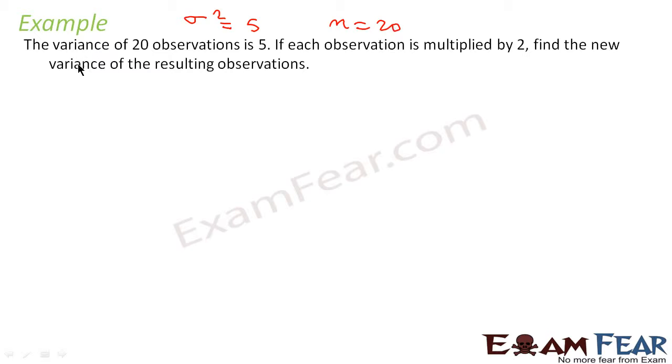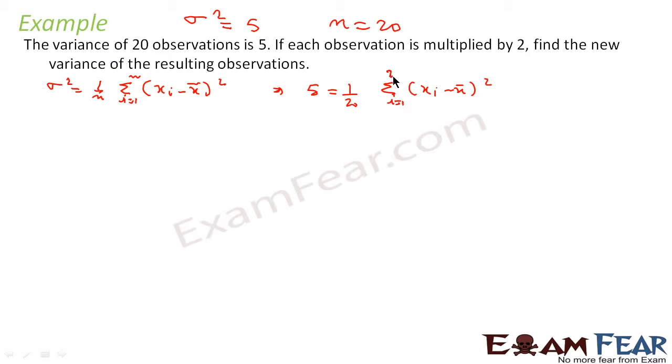We know the formula: variance is equal to 1 by n into the summation of (xi minus mean) square, where i is equal to 1 to n. Here the variance is 5, which is equal to 1 by n, with n equal to 20, into the summation of (xi minus mean) square, i is equal to 1 to 20.